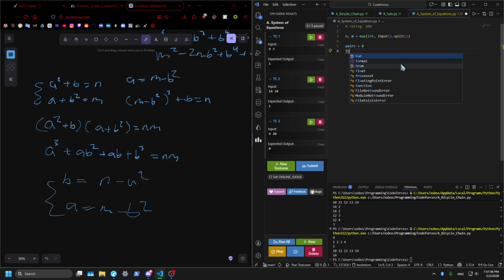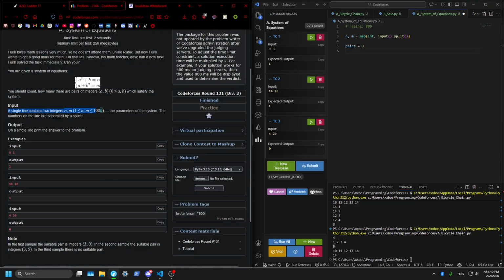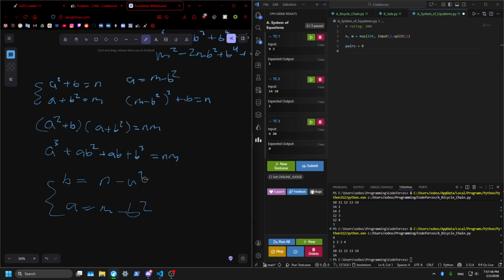If we brute force it, technically we only need to iterate through 1000 numbers because for every A we can calculate B with this equation here, right?